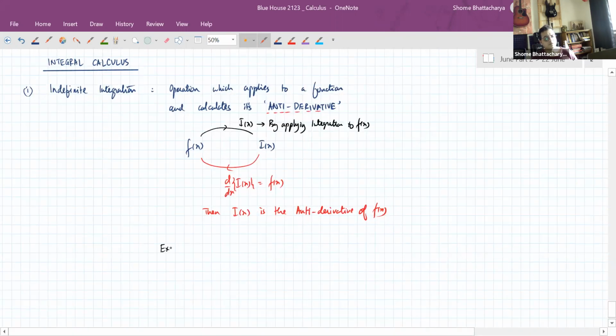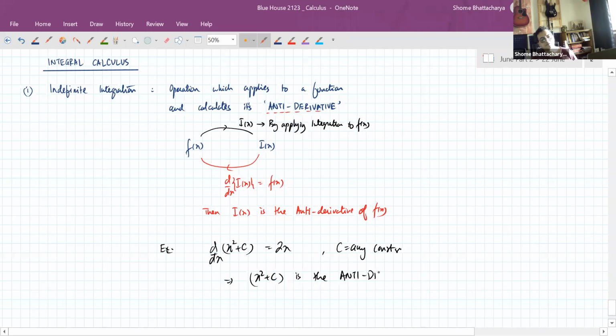So for example, we can see that differentiation of the function x squared plus c, where c is any constant, is 2x. So that basically means that x squared plus c is the antiderivative for the function f(x) equal to 2x.